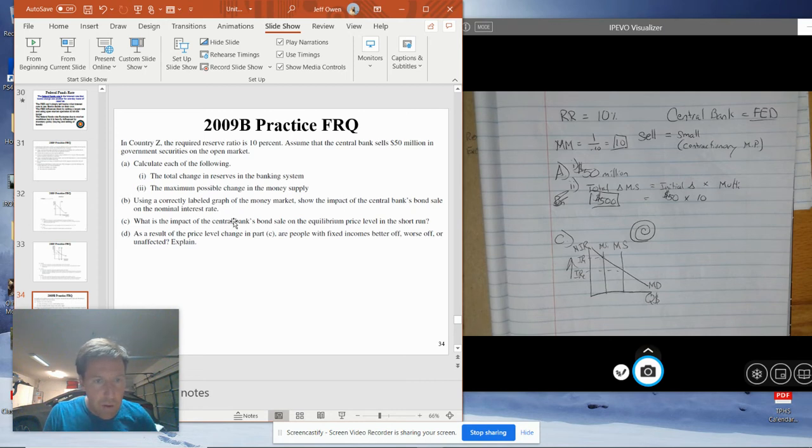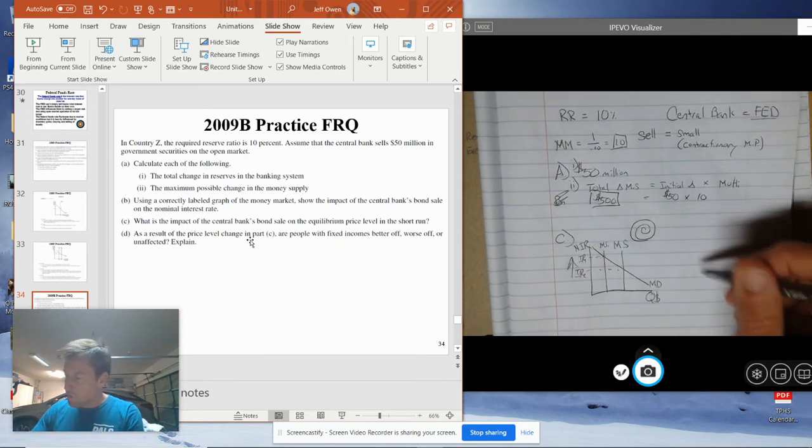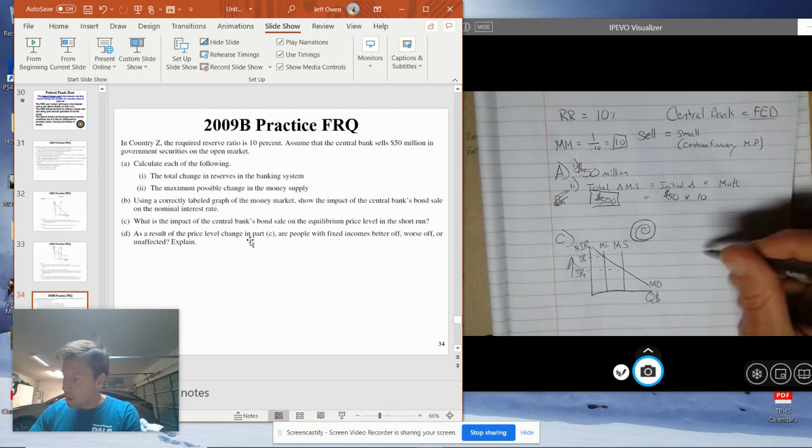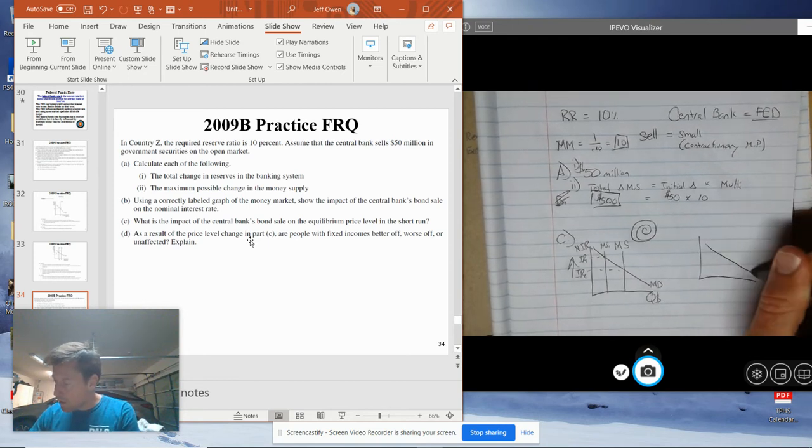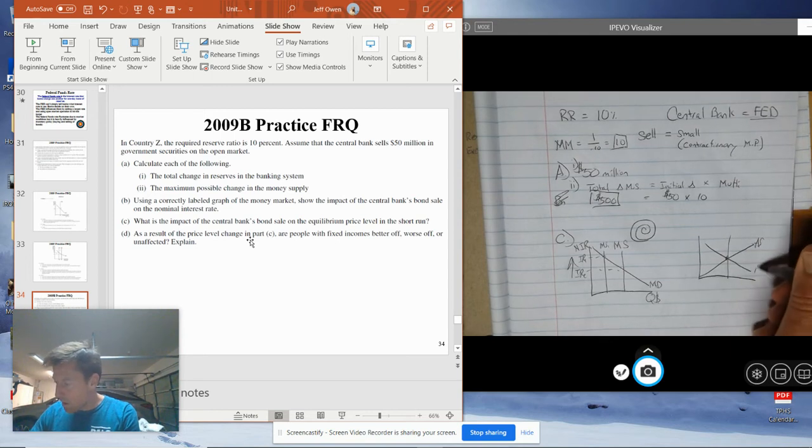All right. Part D: as a result of the price level change in part C, are people with fixed income going to be better off, worse off, or unaffected? So if interest rates go up, it's a contractionary policy. Let's just assume we're at equilibrium right here with AS, AD, long run aggregate supply, price level, and GDP.